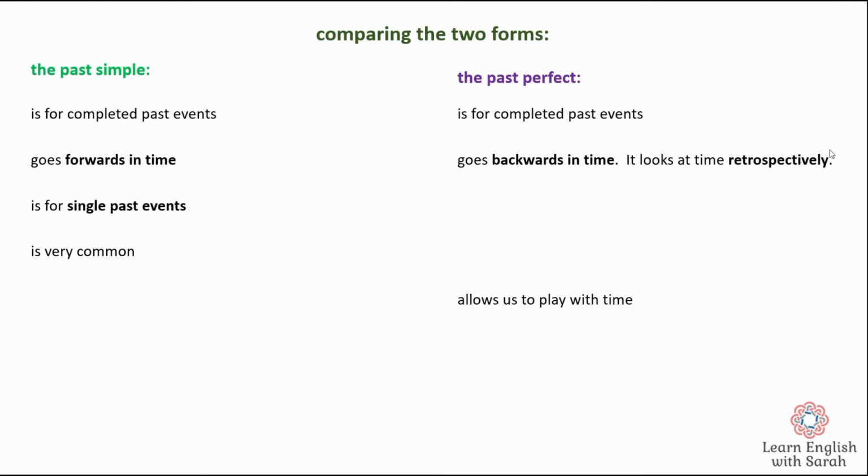This word here is a good word, retrospectively, and this really just means backwards. So the past perfect looks at time retrospectively or backwards. It also connects to past events or times, and it's much less common than the past simple.